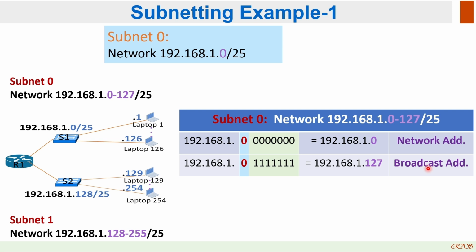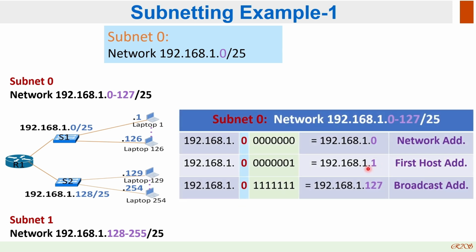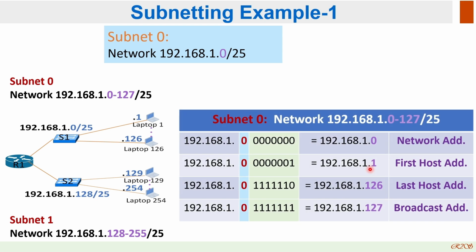So what are the usable IP addresses? The first usable IP address is one more than the network address. The network address is 192.168.1.0, so the first usable host address is 192.168.1.1, and the last usable IP address is one less than the broadcast address.